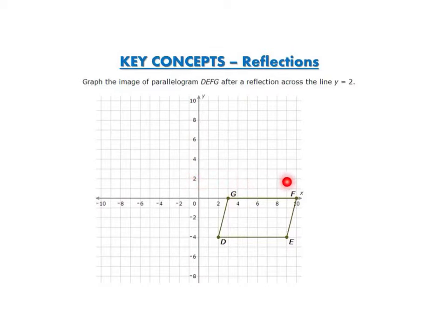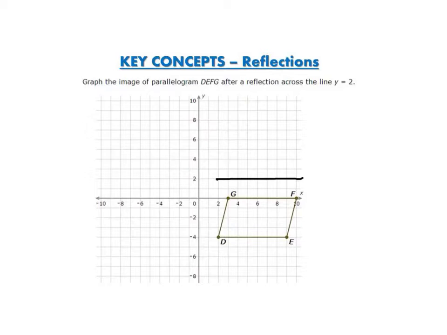So I'm going to look and see how far away from y equals 2 each one of these points is, and then plot it above y equals 2. You kind of have to figure where that is. Now when you do this on the iPad, you're not going to be able to do that. But point G is at 3, 0.